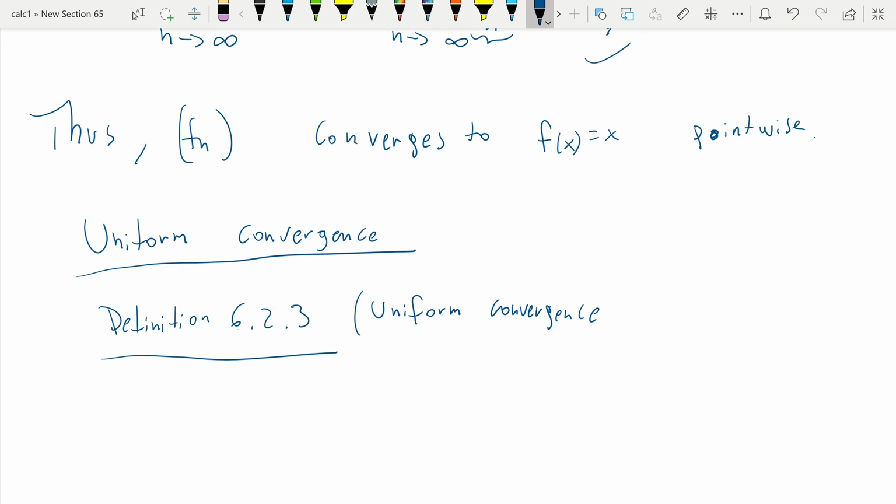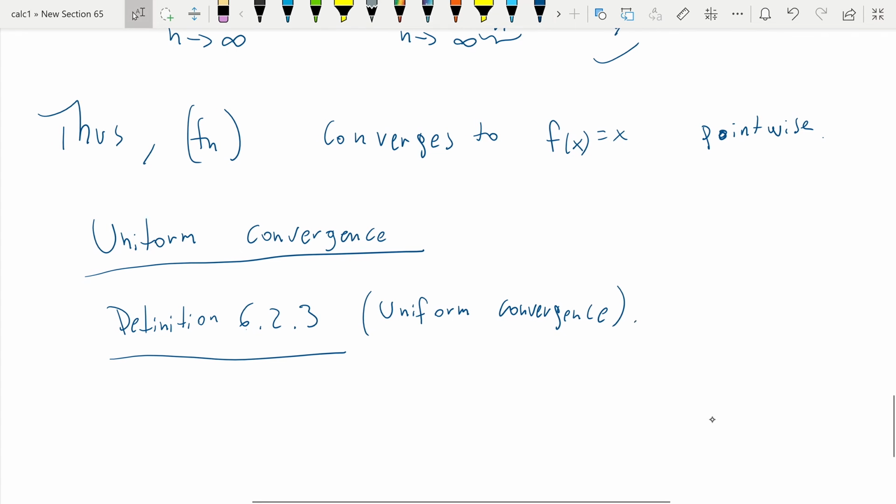So what's the definition of uniform convergence? As I said, it will be the definition of convergence, just that the value of n will not depend on the particular x.